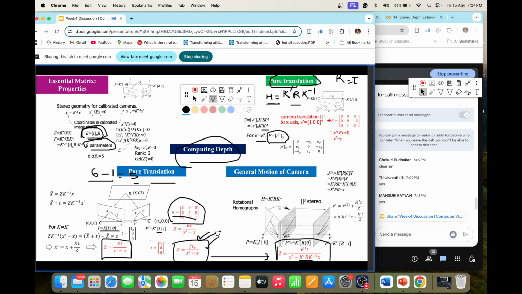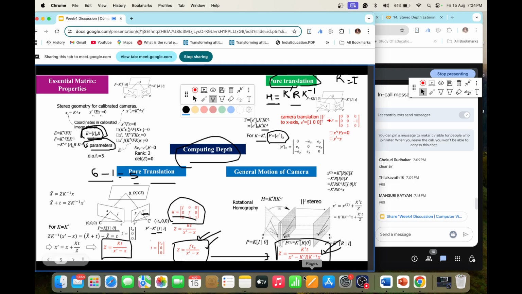If it is not a pure translation, you have to do this: first k dash t, where k dash is your this matrix, and divide by x dash minus k dash r k inverse x, because x dash and x are already given. So by that you can compute the depth.